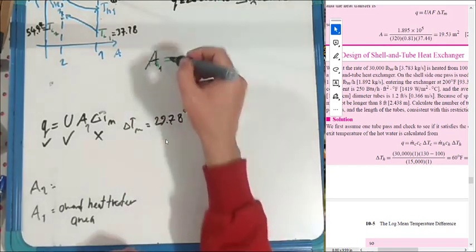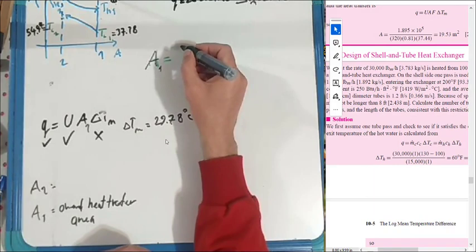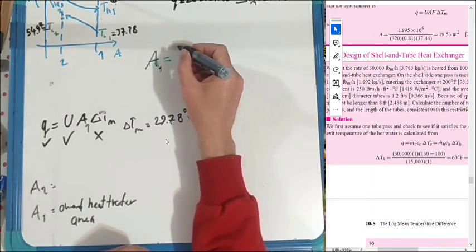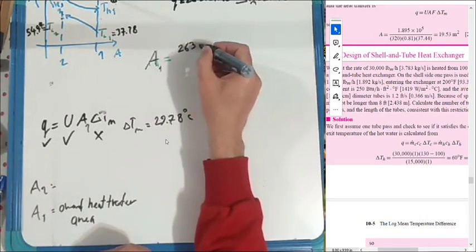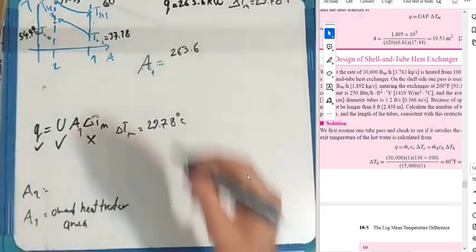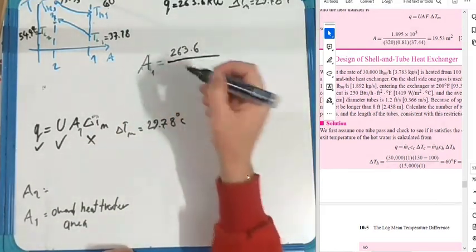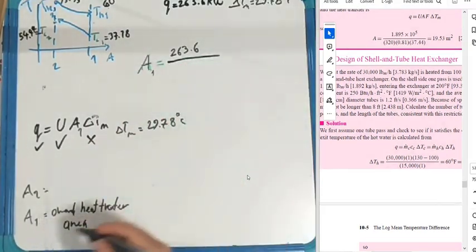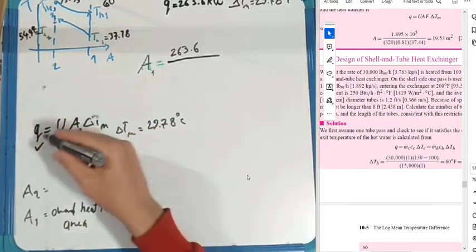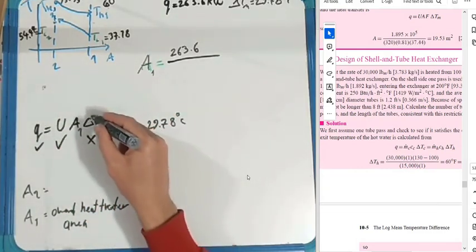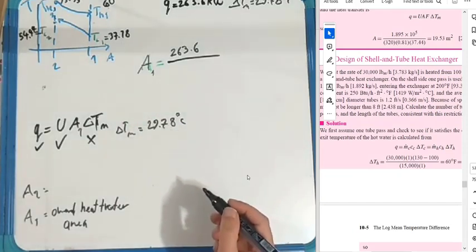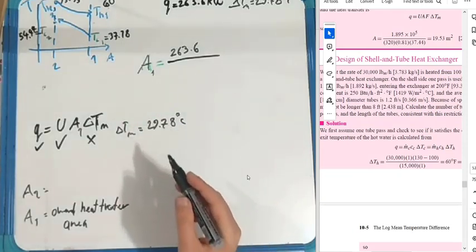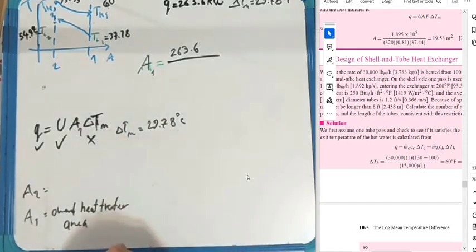Then A1 from this formula equals... I was talking about finding A1. How can I find A1 from this formula? But first I should find delta Tm.